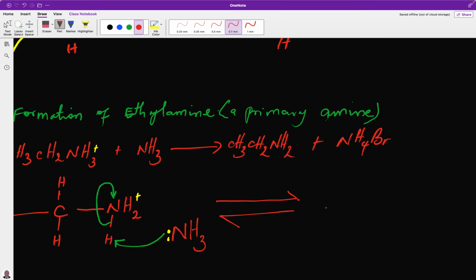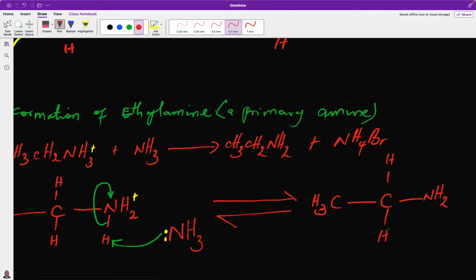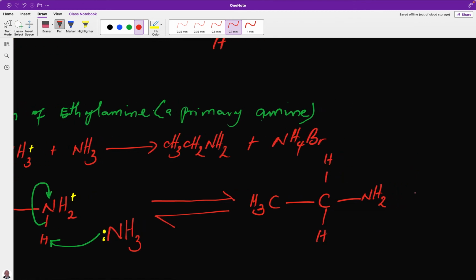The product will be CH3, the carbon, to the carbon, hydrogen, NH2, and the hydrogen, plus NH4. That is what happens.